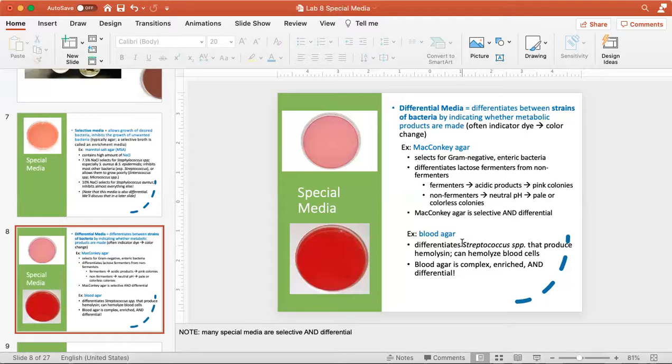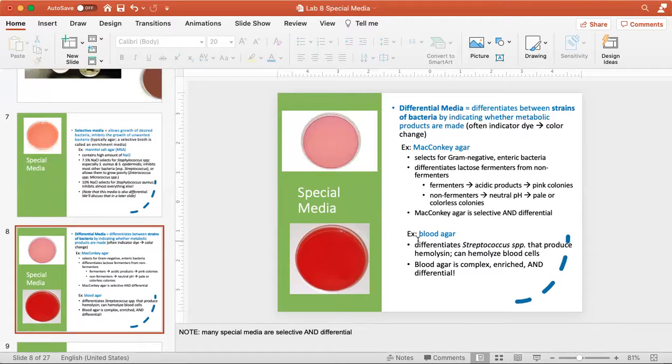Streptococcus species have a characteristic sometimes of being able to hemolyze or break down red blood cells. You can imagine that if you've got a bacteria in your body that's capable of breaking down your red blood cells, you're in trouble. That's a pathogen. So what the blood agar allows us to do is see whether or not we've got a strain of Streptococcus that is capable of breaking apart or hemolyzing red blood cells.